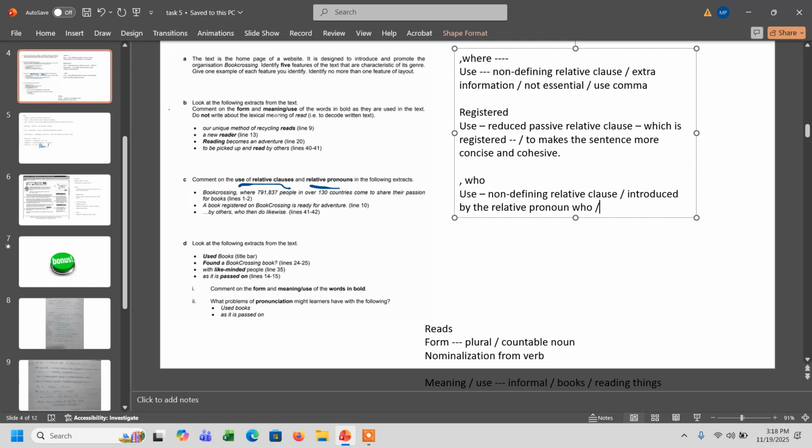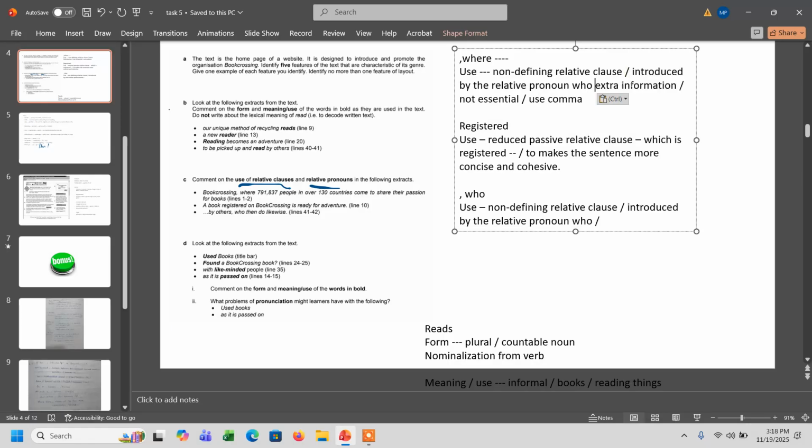So here also the same, right? Introduced by the relative pronoun. This one, where, is not a pronoun, it's an adverb. Relative adverb, where. Okay, good. This is also additional information. I don't want to repeat the word extra, that's why I put additional information.